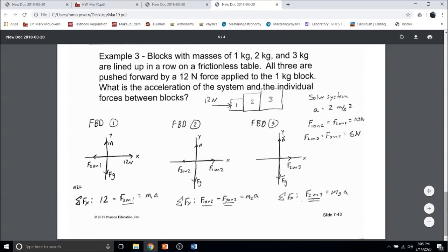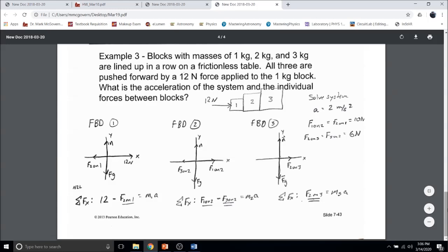Below that, our Newton's second law is F1 on 2 minus F3 on 2. Notice that all these forces end with on 2. 2 is the object. Whatever is before the on are the agents, the interactions. And that equals the mass of block 2 times its acceleration.